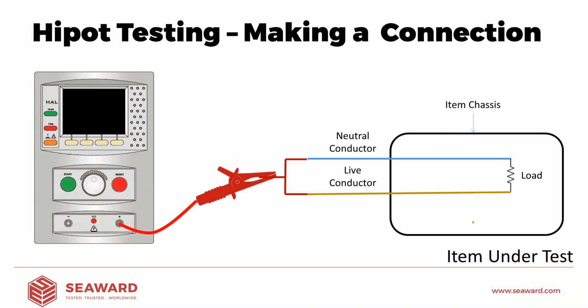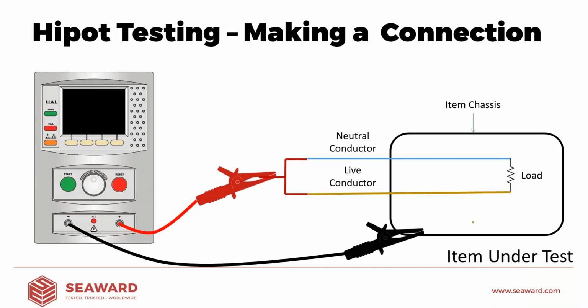But as it stands, we've got no way of getting any kind of reference back into the instrument. So what we have to do is supply a second connection, and that second connection would go onto the chassis of the product. And therefore, any current flow that flows away from the live or the neutral conductors and onto the chassis will then flow back into the instrument via the return of the test instrument.